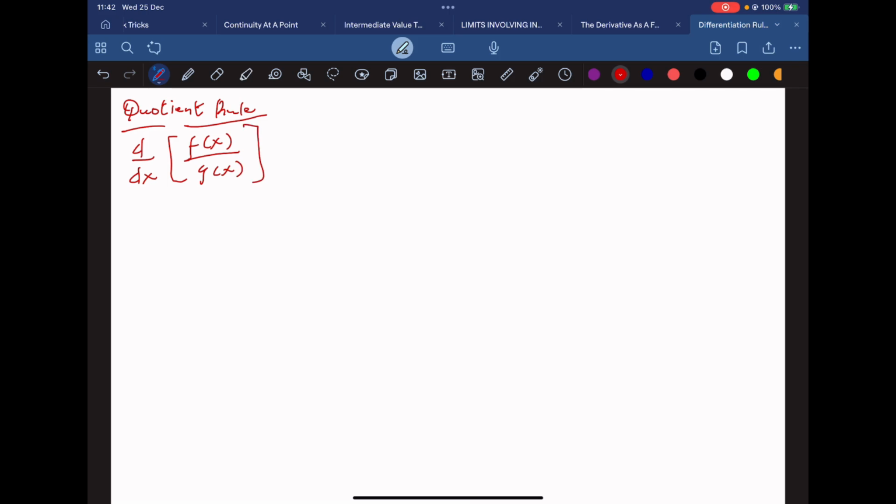So you know this is rational form, there is a fraction. Now if we are differentiating this, this is just g of x, f prime of x, minus f of x, g prime of x, over g squared. So low d-high minus high d-low over low squared.